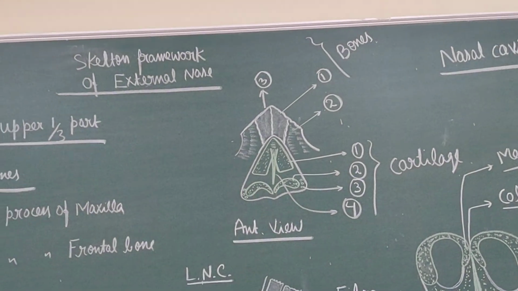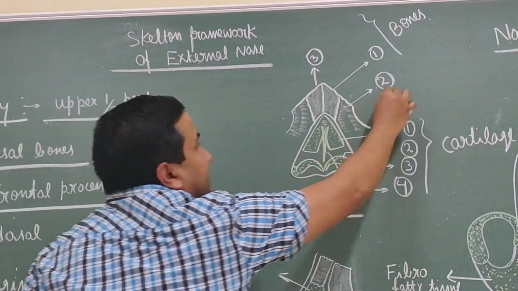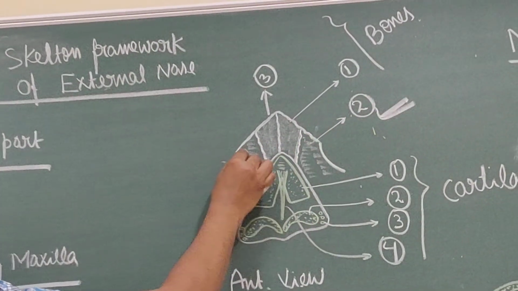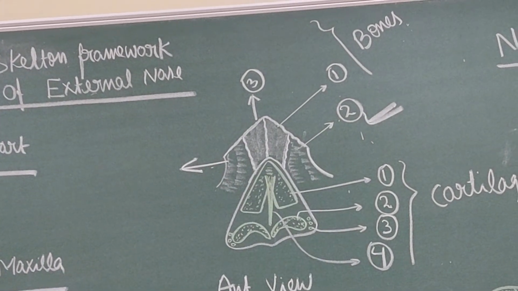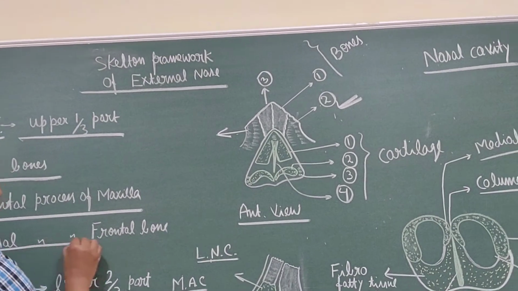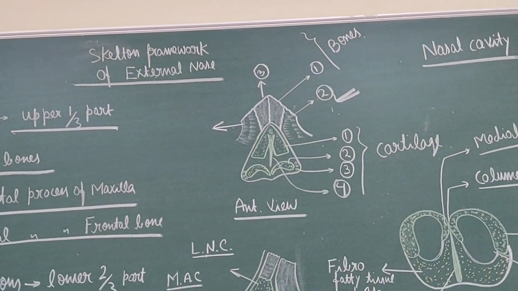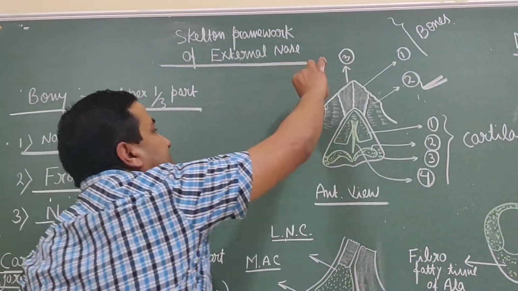Then it is the frontal process of the maxilla, and it is the nasal process of the frontal bone. Nasal process, it is in the upper part.